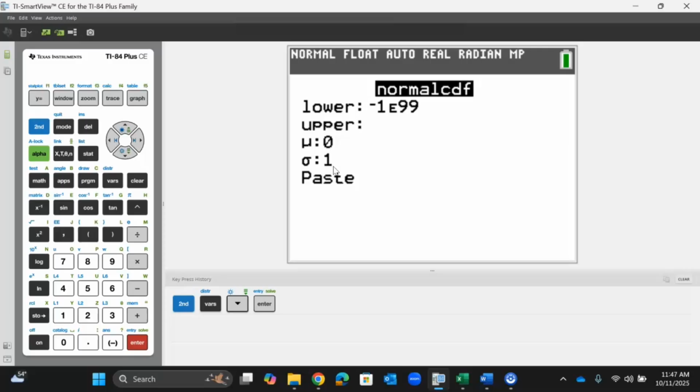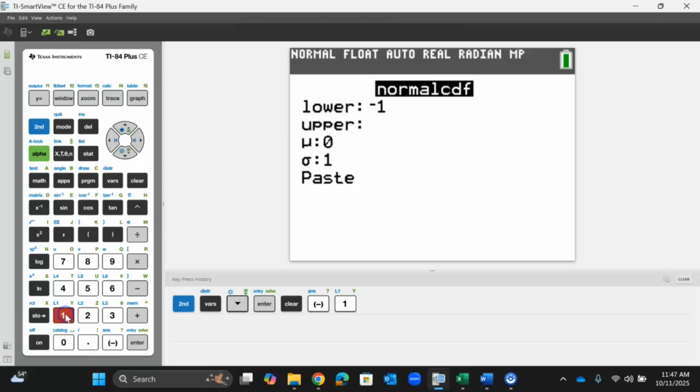So in our case, we said that our lower bound was negative infinity or negative 1e99. And again, they had it for some reason auto filled in here, but I'm going to go ahead and clear this out, and I'll enter it in with you all. So here we would want to hit negative. Remember that the negative key is at the very bottom underneath the 3.